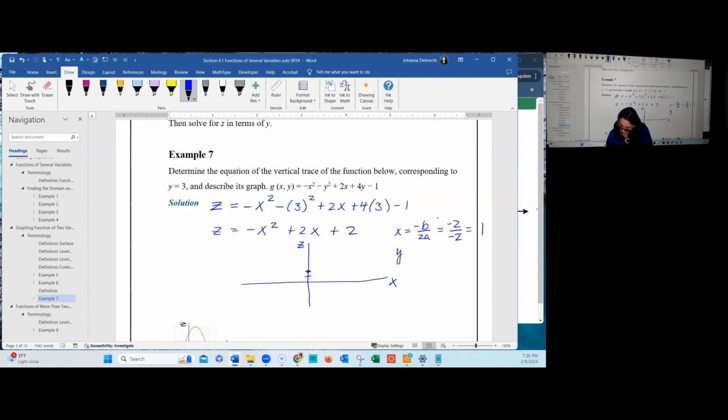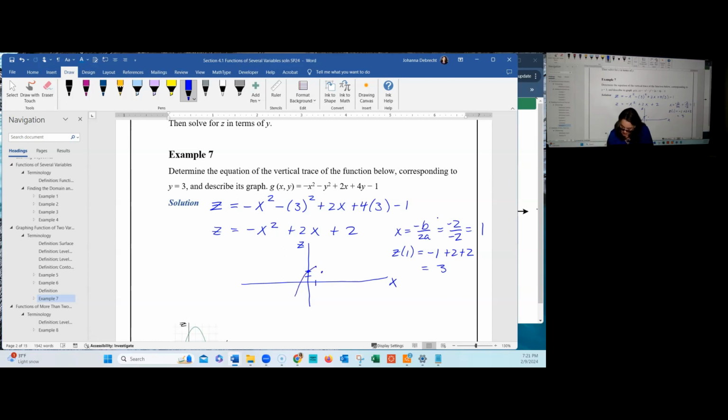And the z value as a function of 1 would be negative 1 squared, or negative 1, plus 2, which would give me 3. So it looks to me like it goes through the ordered pair (1, 3) in the XZ plane. So it must look something like this.